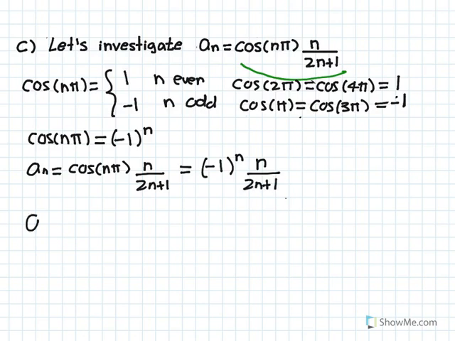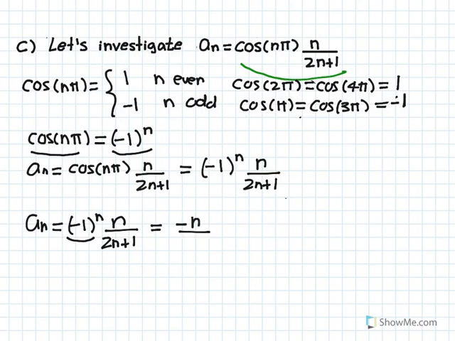So we have an is equal to -1 to the n times n divided by 2n plus 1. We have rewritten it in an equivalent form. This is exactly the same as before, except we just rewrote cosine n pi as -1 to the n. Now, when n is odd, -1 to the n will be -1, so we just get -n divided by 2n plus 1 when n is odd.